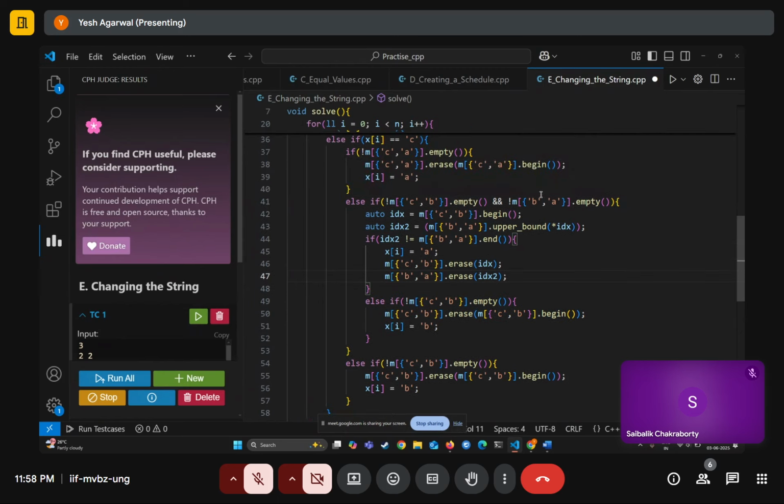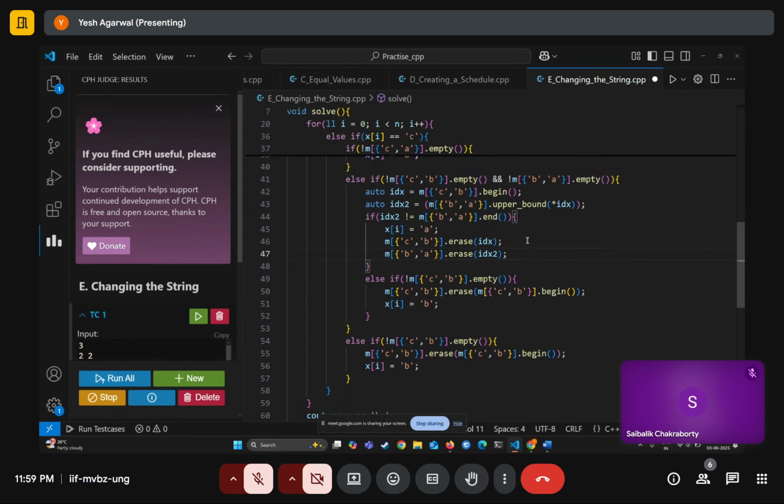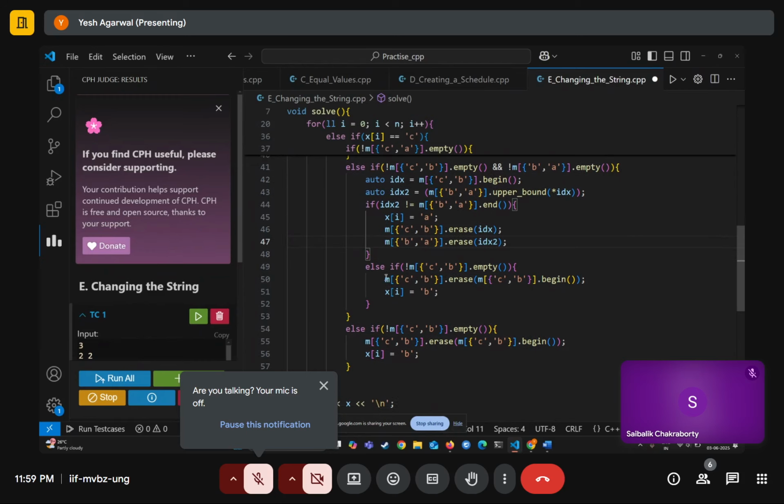For example, let's say both of them are not empty, and it goes inside this else if block, and then we find that both of them do exist, but C to B is after B to A, which of course doesn't allow us to do the desired operation. So it will try to execute this, and since this will fail, the inside block will never be executed, and we won't have the B that we could have had earlier.